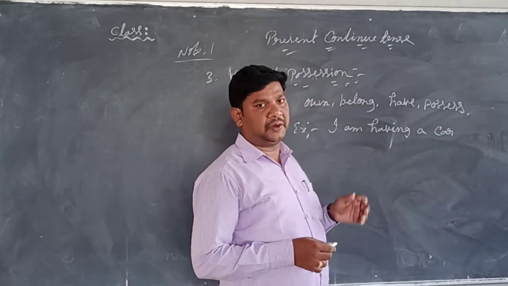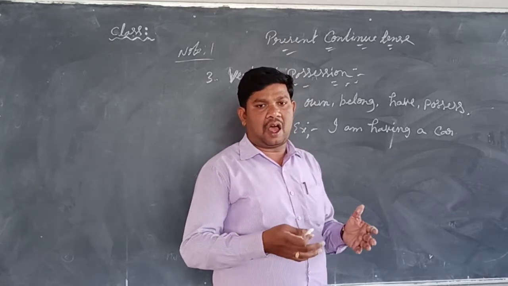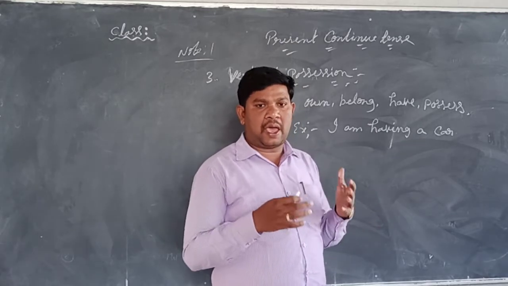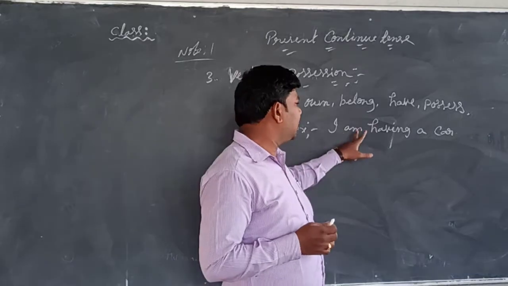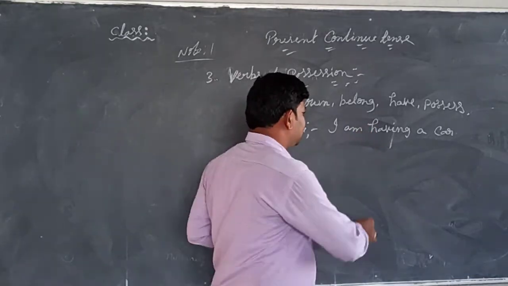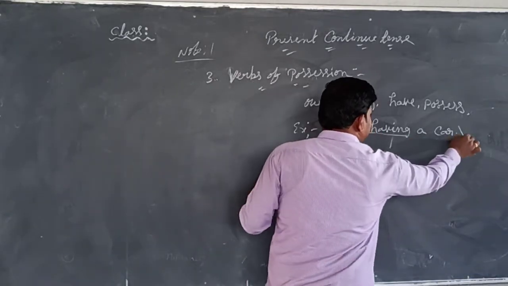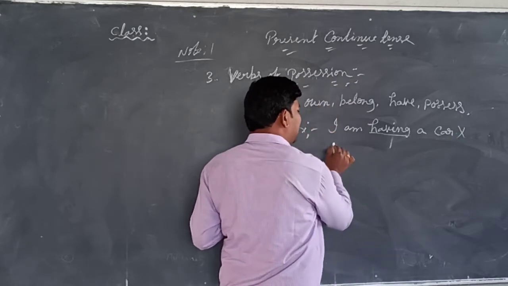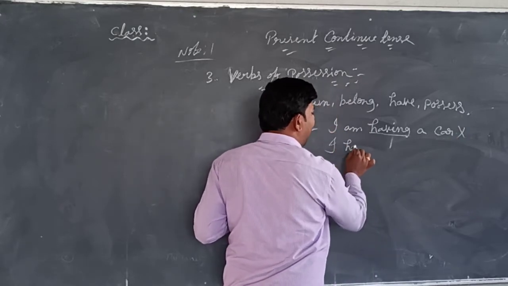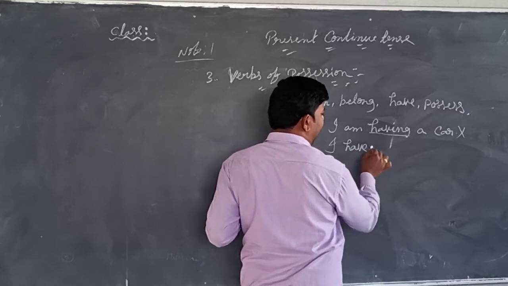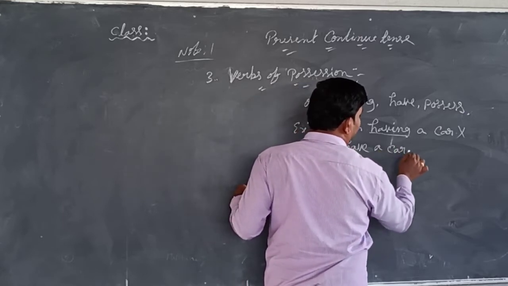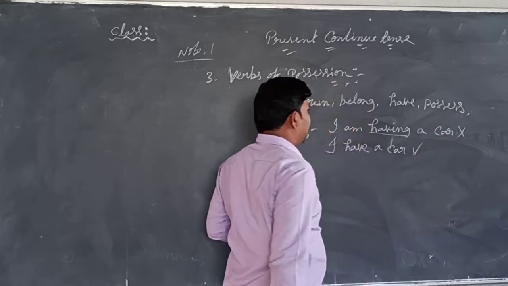This is present continuous. Still, I have a car, but we should not use this word in present continuous tense. This is the wrong one. So what is the right one? The right one is simple present tense only: I have a car. So this is the right one.